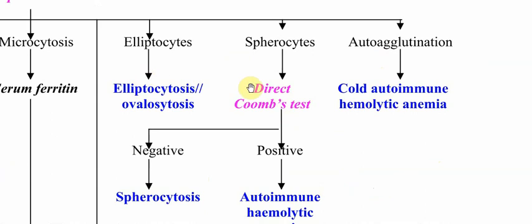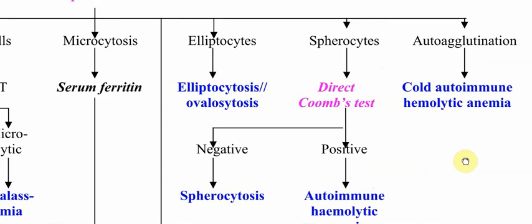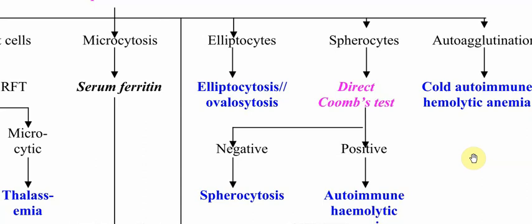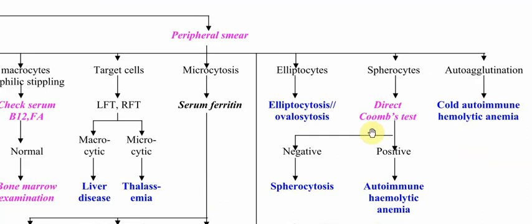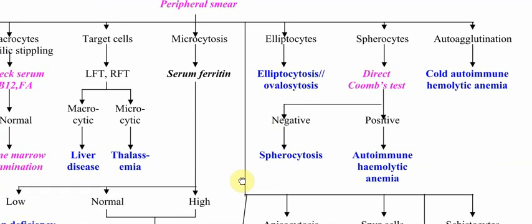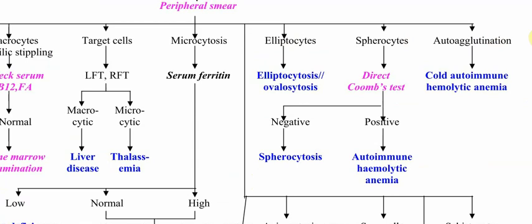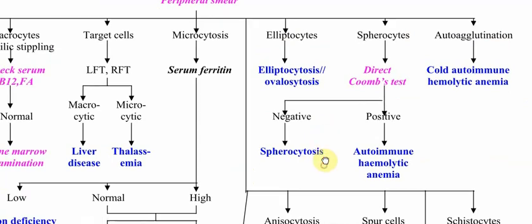Because the paper could not stretch forever on either side, I have split the algorithm here, and at reduced magnification you can make out this is peripheral smear, and besides these, now there is a line going down here which is actually to be read in continuity with this on your right side.